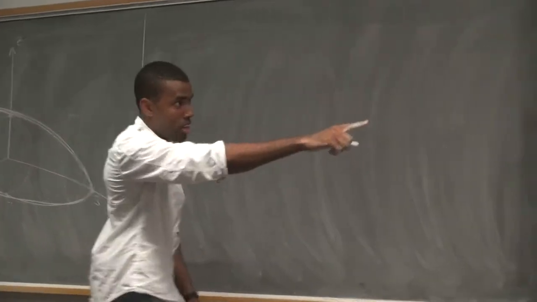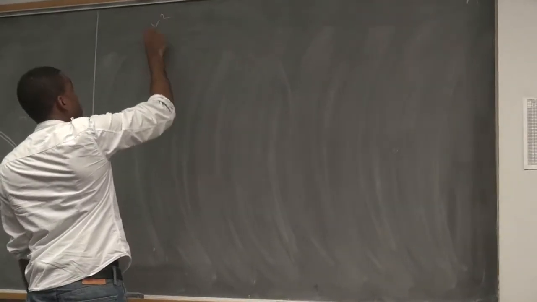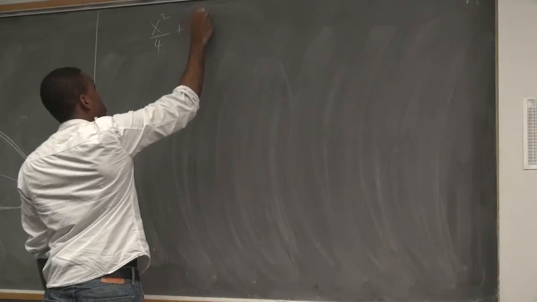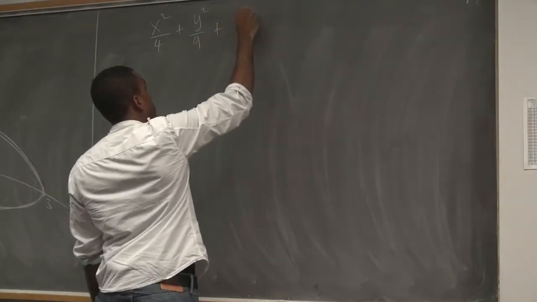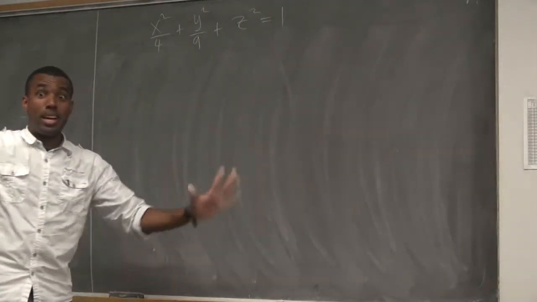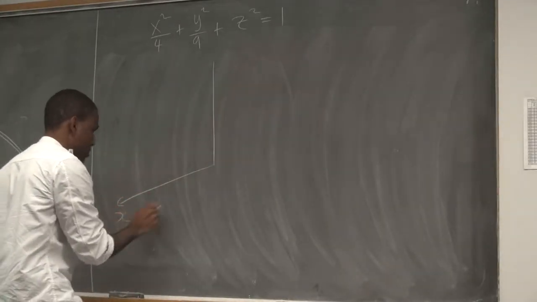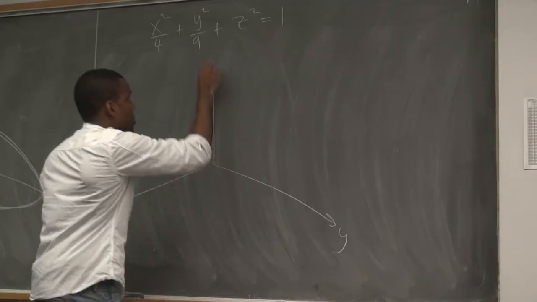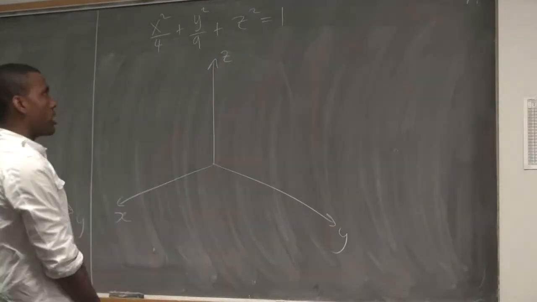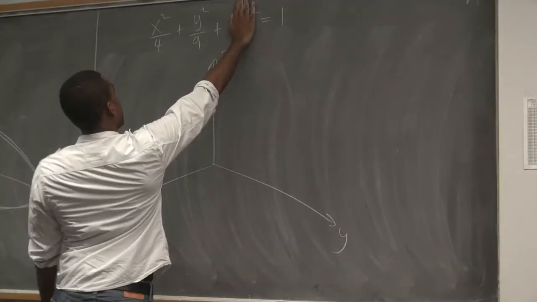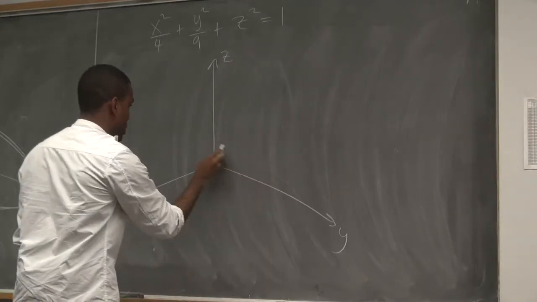So if I saw the original was x squared over 4 plus y squared over 9 plus z squared, because we're all a 5 in algebra and really know how to draw ellipses, I'm just going to go straight to this guy. And then I'm going to look at that and be like, oh, that's an ellipse in the xy, so I just draw that.